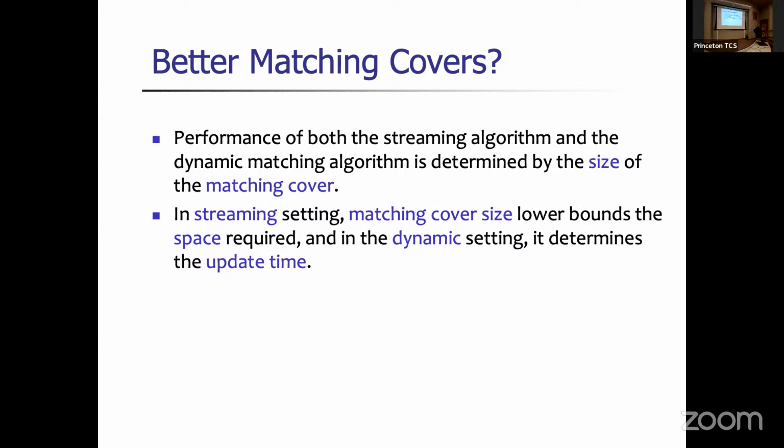And in the case of dynamic matchings, matching cover size determines what I feed to the Gupta-Peng algorithm. And my improvement is related to the size of the object that I'm feeding to Gupta-Peng. So it's a natural question to ask, can we get more sparse matching covers than the ones we are creating?